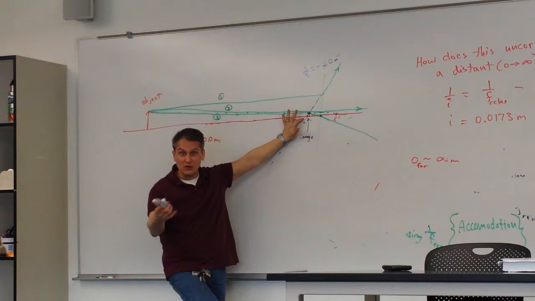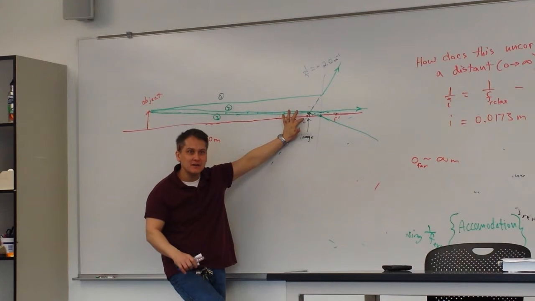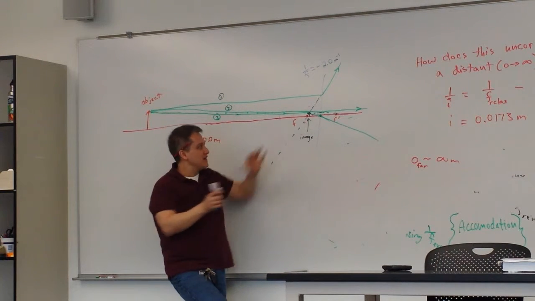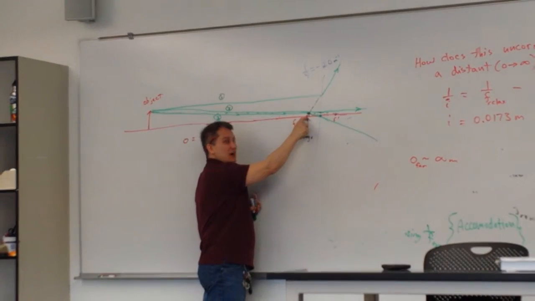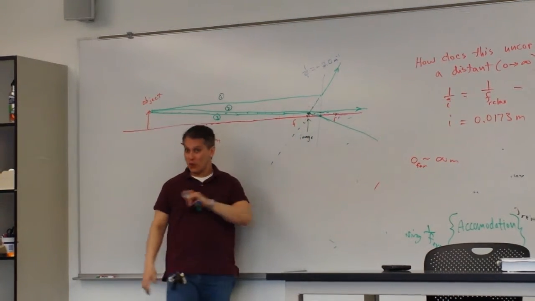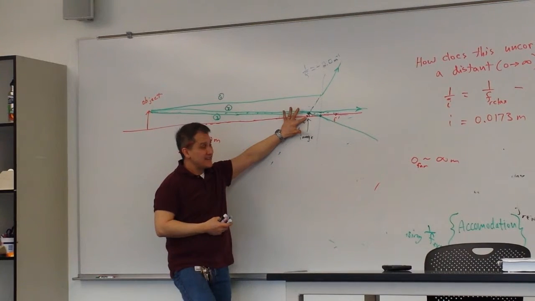Because the other term, 1 over O, is infinity. So 1 over I is 1 over F correction, which is your far point. So in other words, this is a distant object, but it's not so distant that it reaches the far point. It's close.